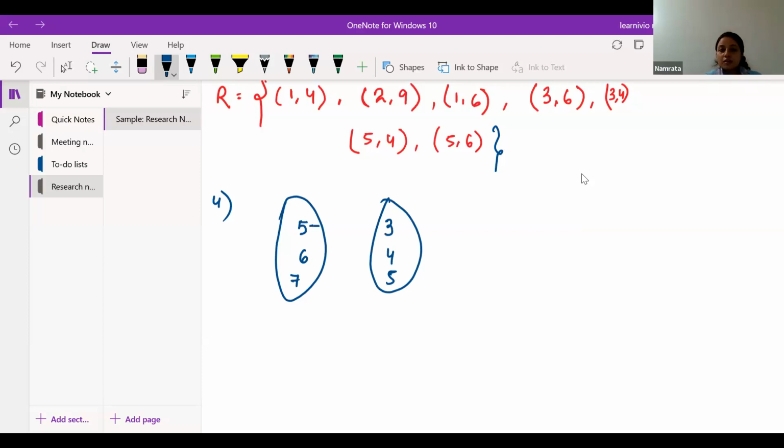This way, the relation is given with the help of a mapping diagram. We have to write it in roster form. We also have to write it in set builder form.